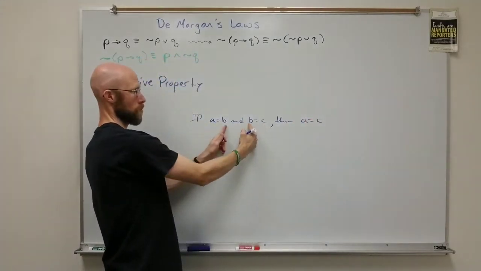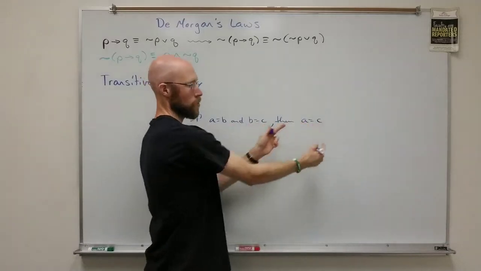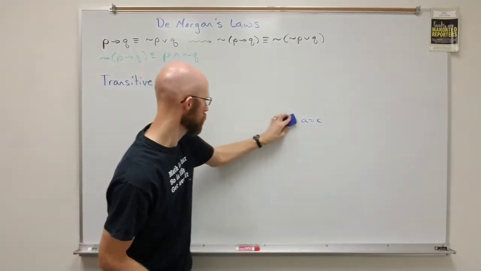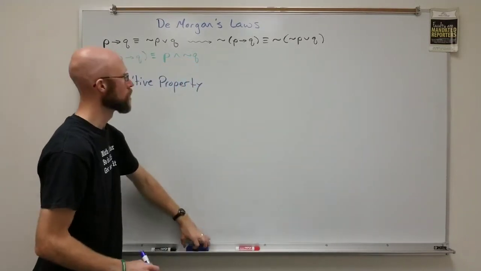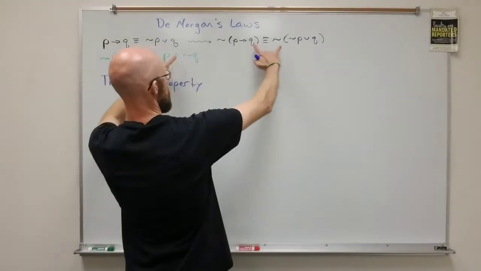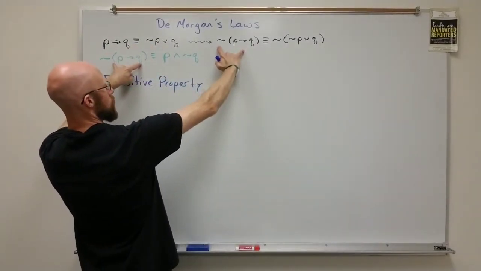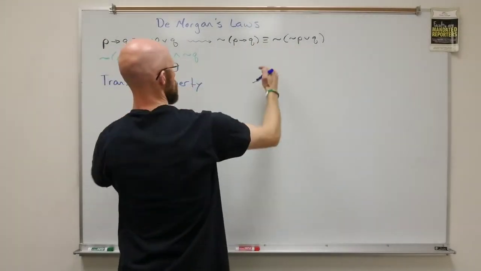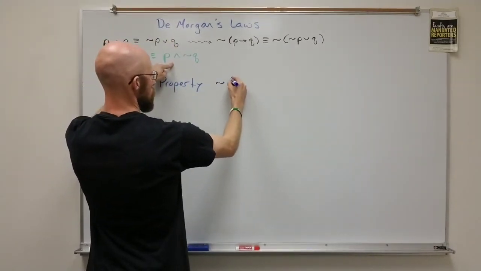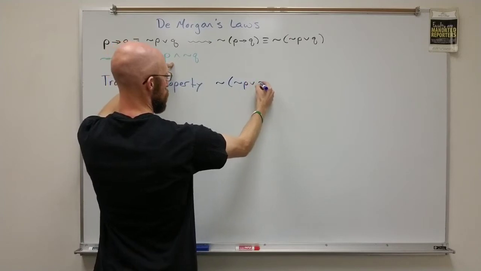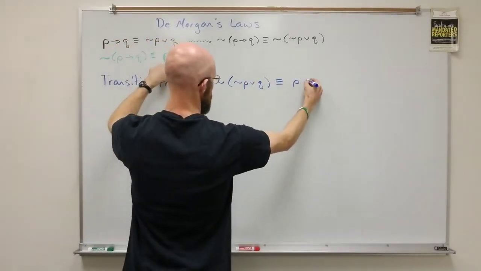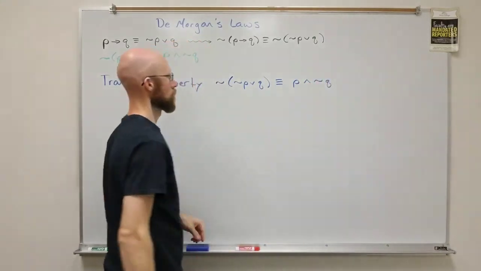If two things are equal to a third thing, then they must be equal to each other. Same thing here, basically. So you have two compound statements that are equal to the same third statement, then they must be equivalent to each other. So we would say the negation of not P or Q is equivalent to P and not Q.